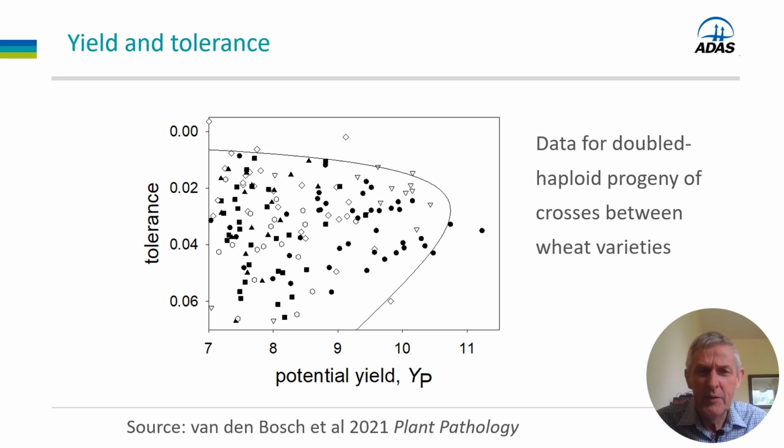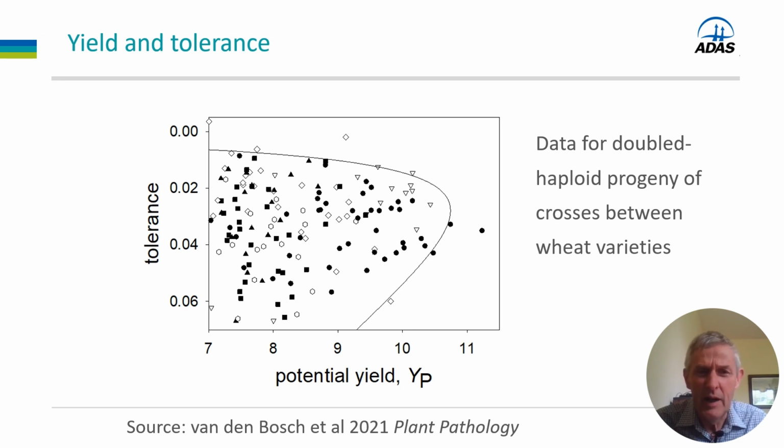Those offspring have been through a process of double haploidization, made through breeding. For each of those lines we measured their potential yield under full fungicide protection, and we also measured their tolerance. And this is the pattern of results that we got.